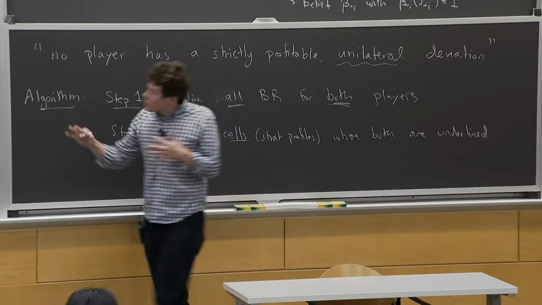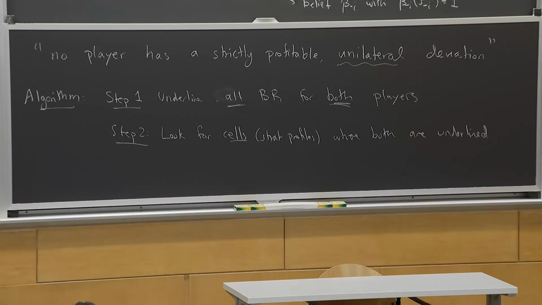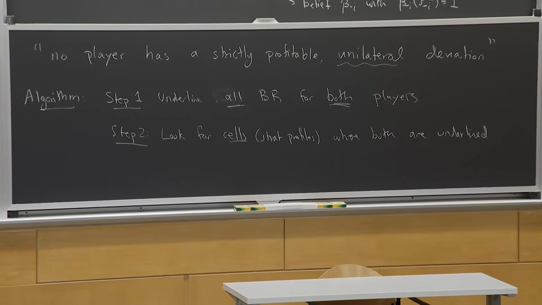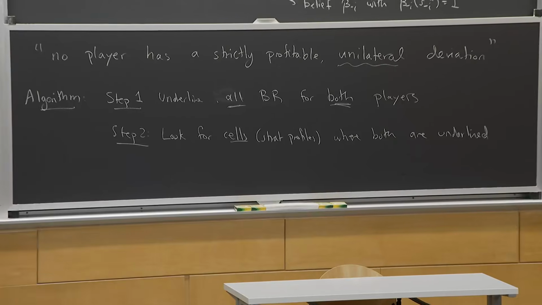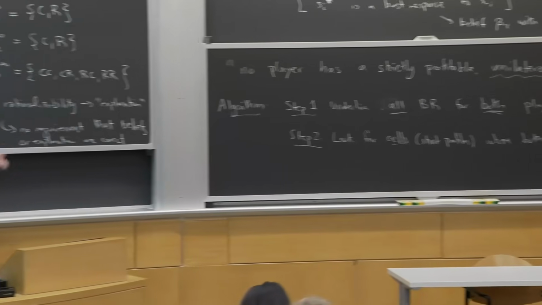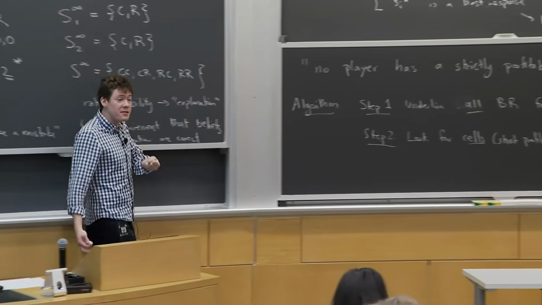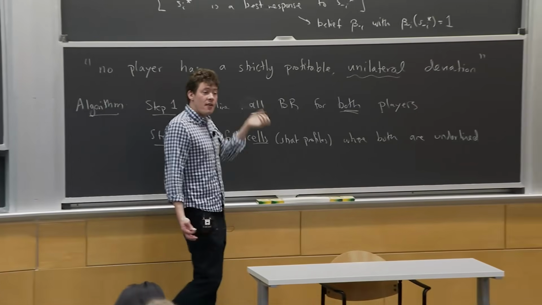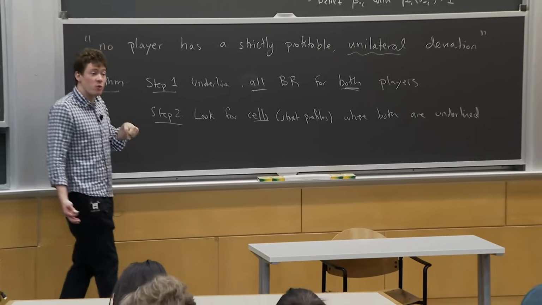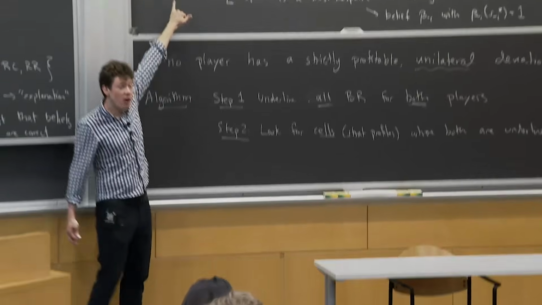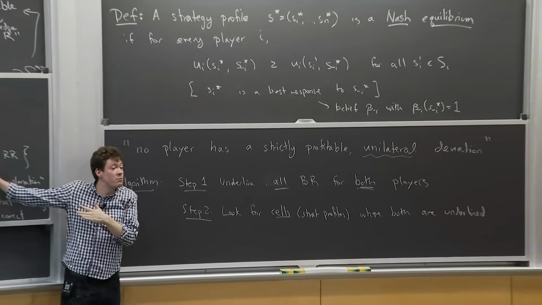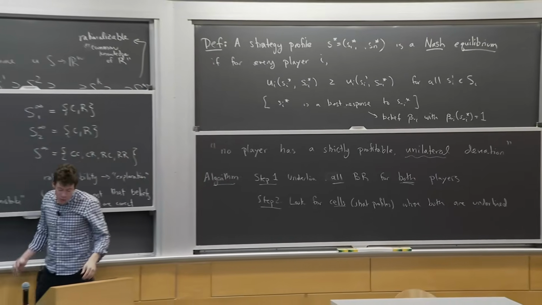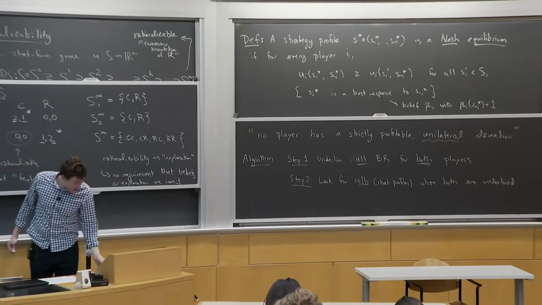If you think through this carefully, you'll see this is just another way of saying the definition. If the first player's number is underlined, that precisely means player one is playing a best response to player two's strategy. And if player two's number is underlined, that means player two is playing a best response to player one's strategy. That's exactly our definition of a Nash equilibrium, at least in a two-player game. So this is a good way of finding and checking for Nash equilibria.